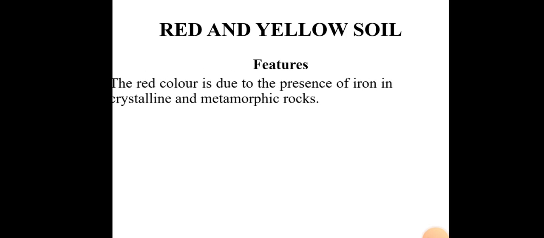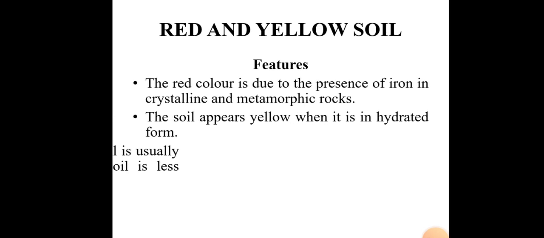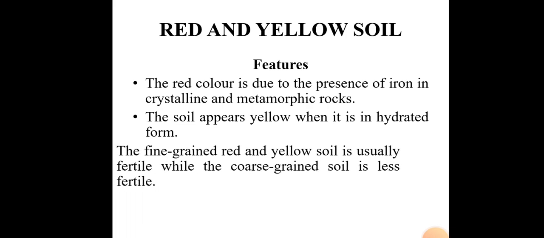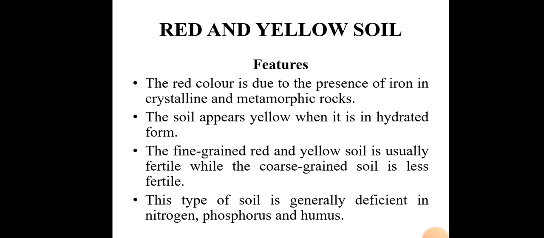The next, red and yellow soil. As the name suggests, the soil is red in color due to the presence of iron in crystalline and metamorphic rocks. The soil appears yellow when it is in hydrated form.